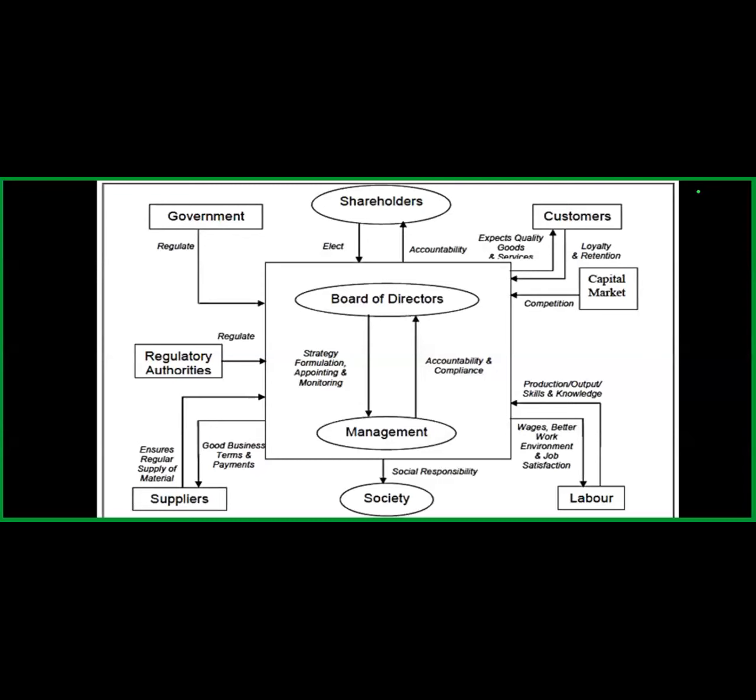compulsion was not there. It was not compulsory that every organization has to invest a particular percentage from its profit in carrying out the activities for the upliftment or for the development of the society at large.